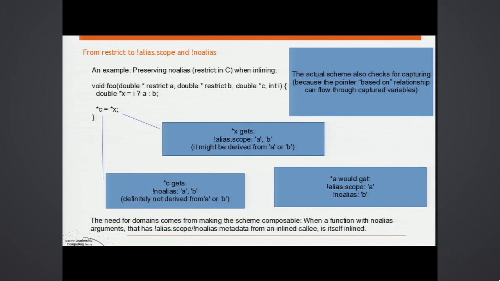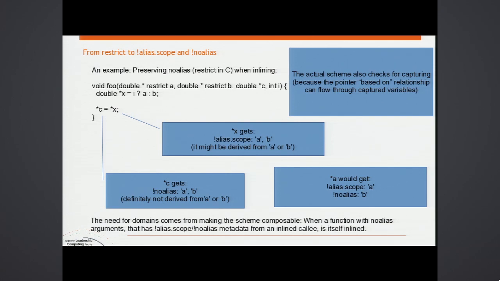The access to X, so X may be A and it may be B, and we're not sure which. So that gets tagged as alias scope A or B, because it may be derived from A and it may be derived from B, and we're not sure. If we had an access purely to A, then it would be tagged as scope of A and no alias to B, because we know it is derived from A and we know it doesn't alias with B. And that's essentially how this works.